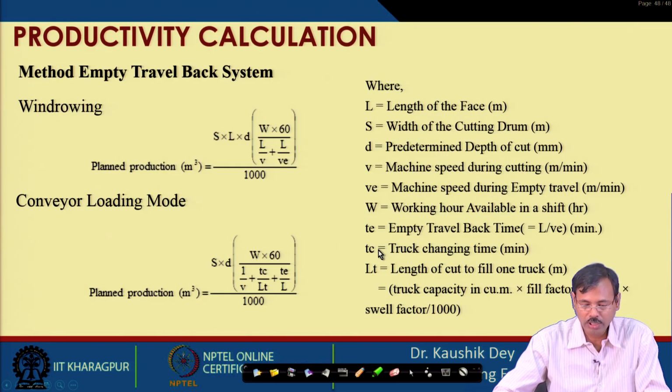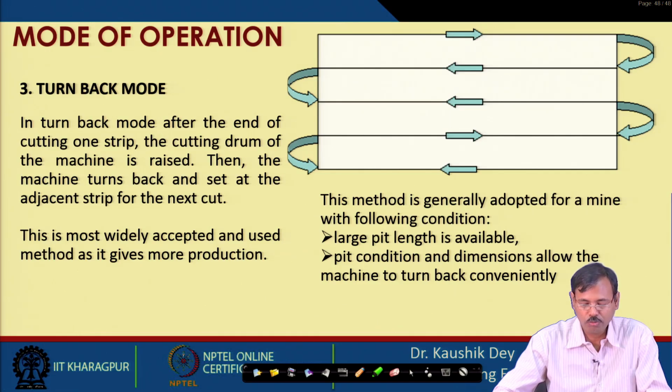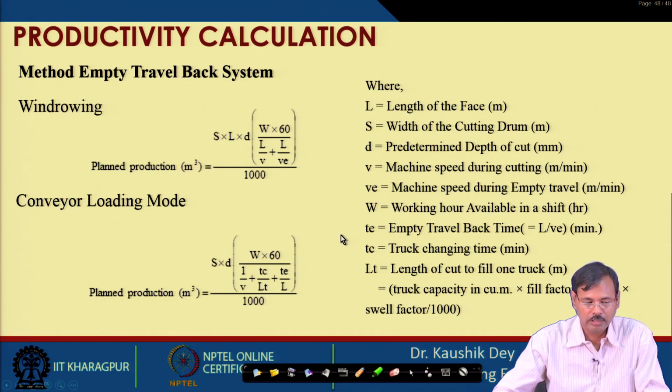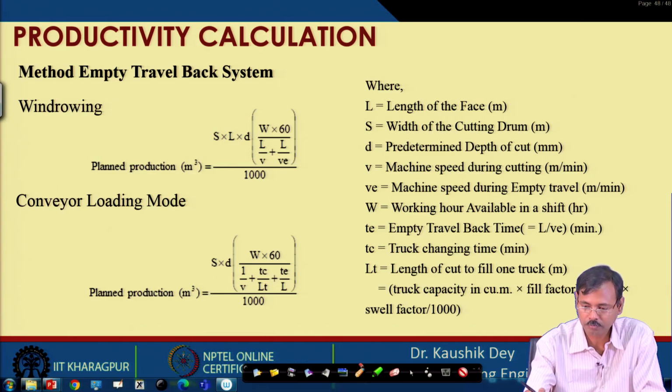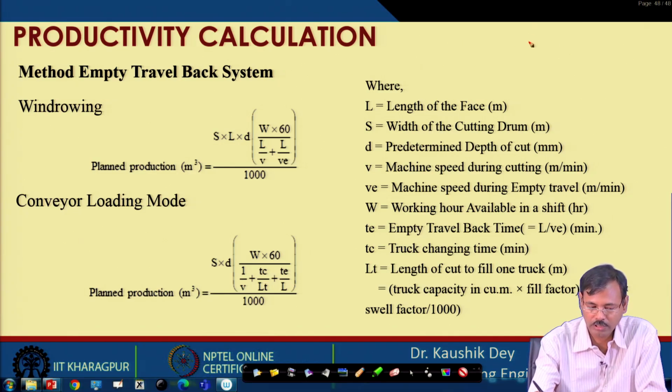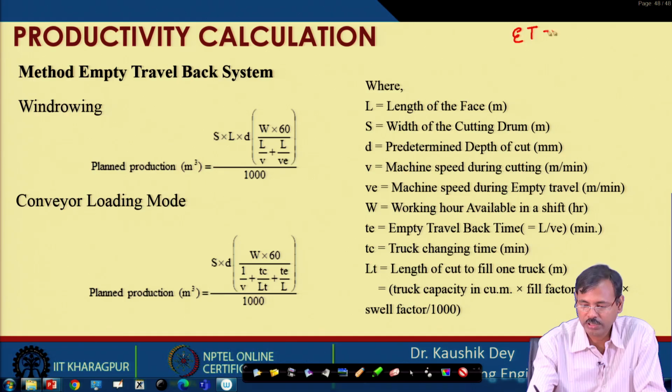So, that is why, if we are now considering the operations, let us have the table. We are having empty travel back, that operation can be combined with windrowing, and can also be carried out with conveyor loading.